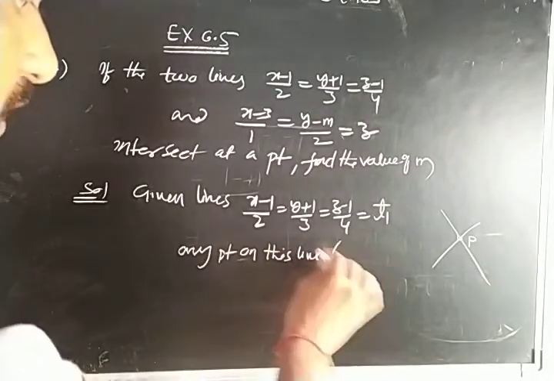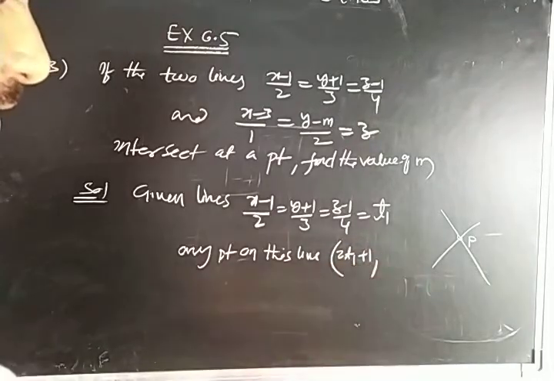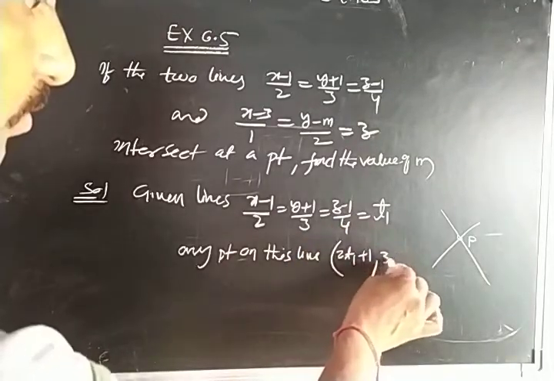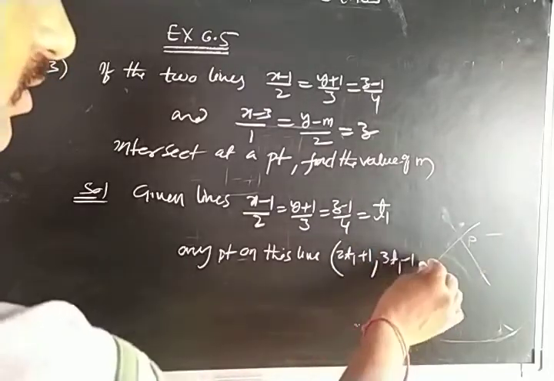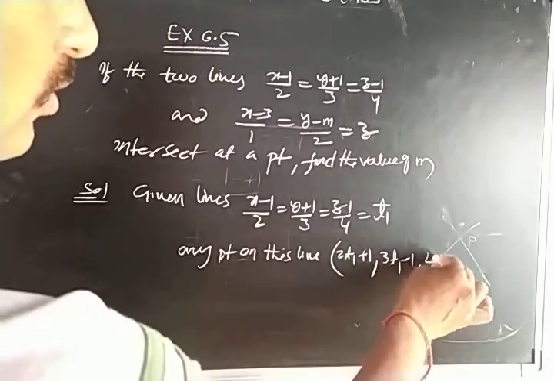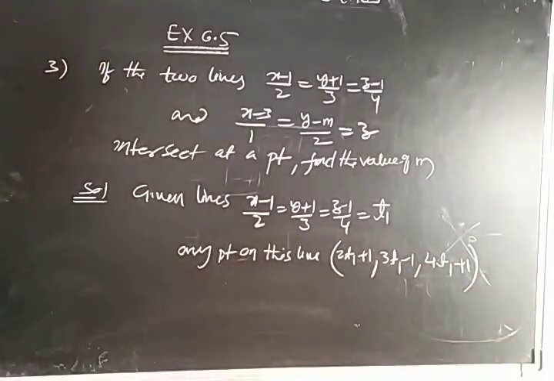How to get the x coordinate? 2t1 plus 1. Y coordinate 3t1 minus 1. Z coordinate 4t1 plus 1. This is any point on the first line.